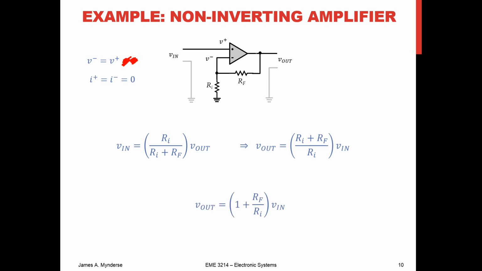And that is, put a different way, 1 plus Rf over Ri times Vn. And that is the output for my non-inverting amplifier. If you don't see it, go back and apply Kirchhoff's law. You can apply Kirchhoff's law here, and Ohm's law, and you should be able to see this pretty quickly.